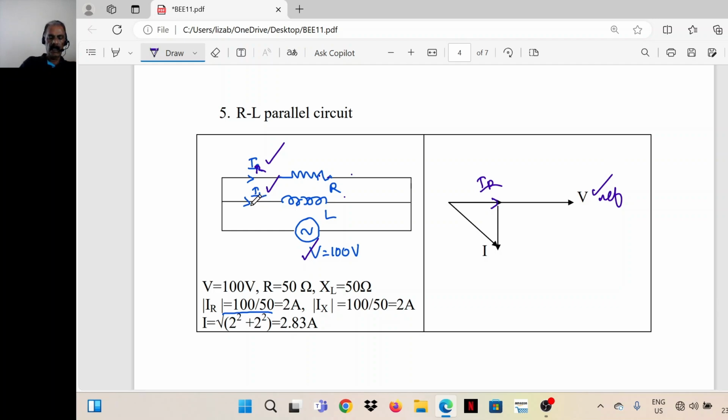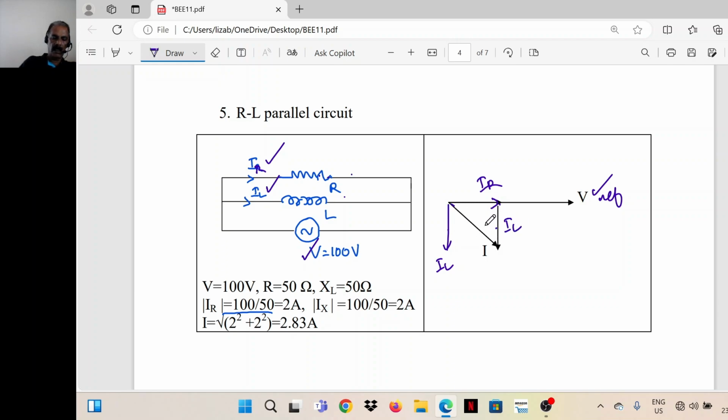The next current is current through the inductor. So inductor, what is the relationship? Current is lagging behind the voltage. So current should be here. IL should lag behind the voltage by 90 degrees. To find the total current, I am putting it here. This is IL.